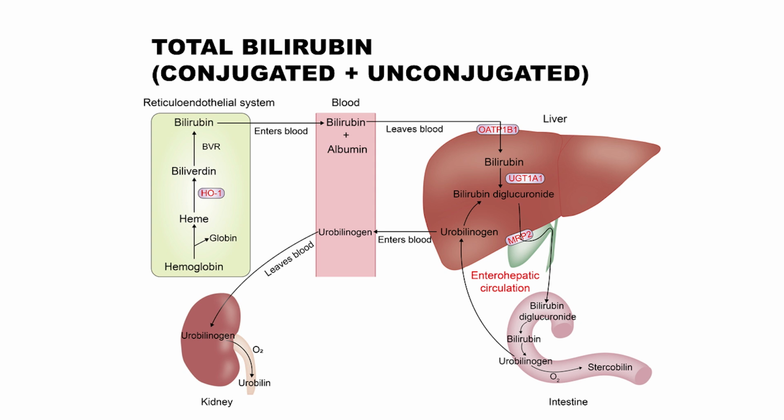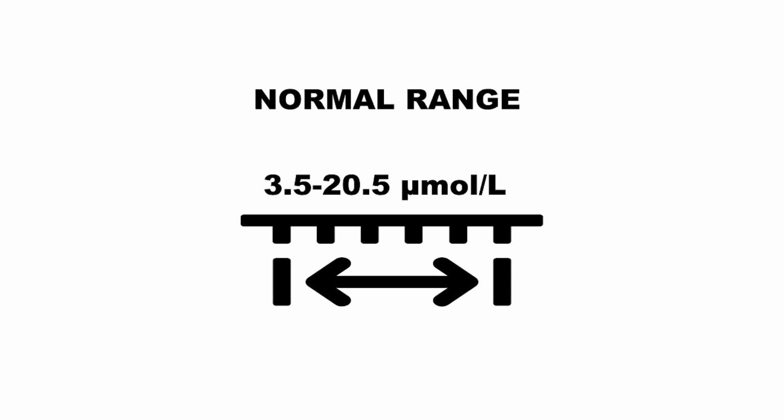Intestinal bacteria subsequently convert it to urobilinogen, which undergoes enterohepatic circulation and is oxidized to stercobilin, responsible for stool color, and urobilin, contributing to urine color. The normal range is 3.5 to 20.5 micromole per liter.